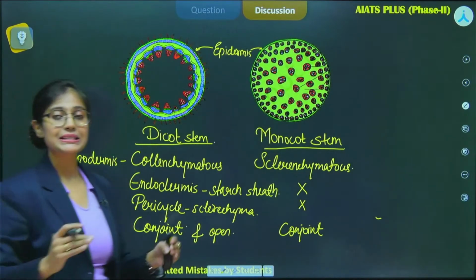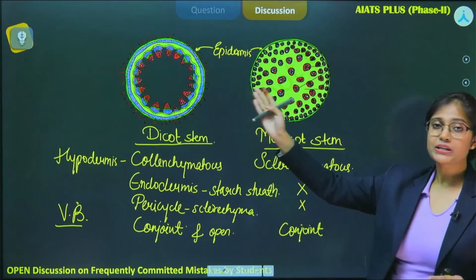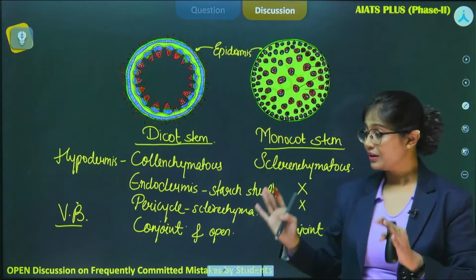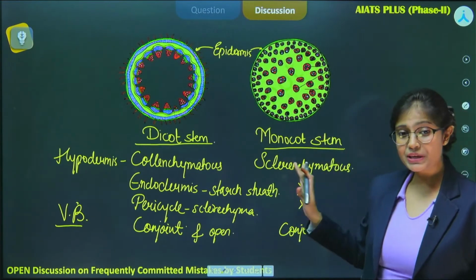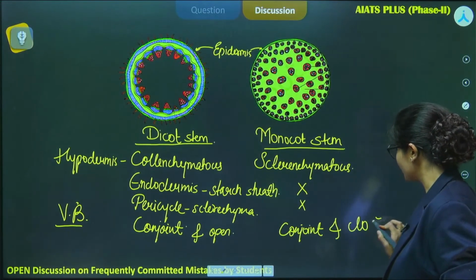That means between xylem and phloem, cambium is present, as dicot stem will undergo secondary growth which requires cambium. Okay? But in monocot stem, cambium is not present. That's why it is known as conjoint and closed.